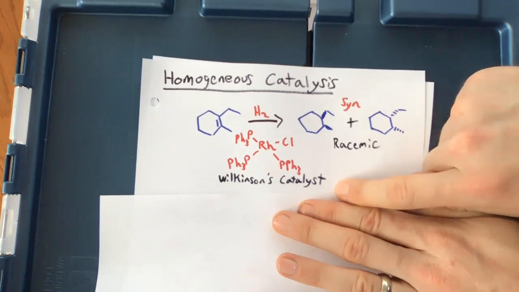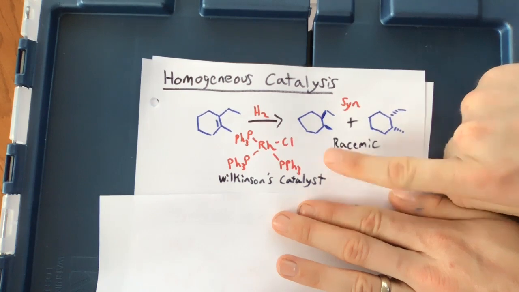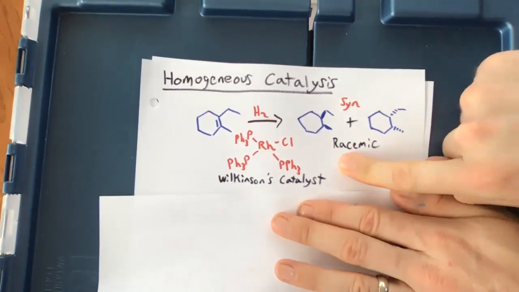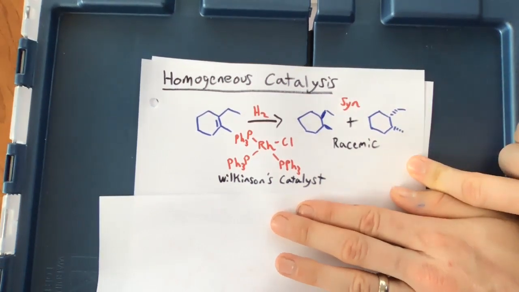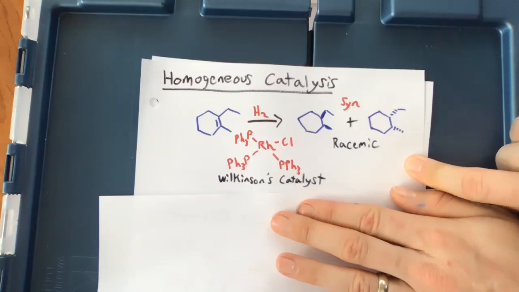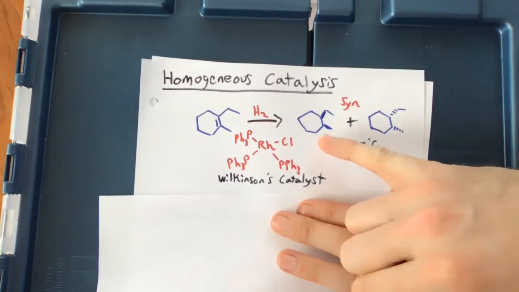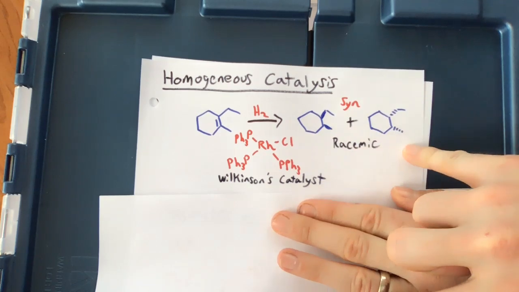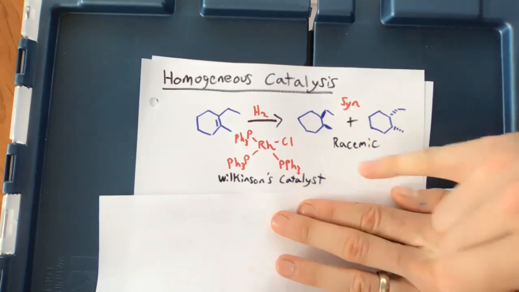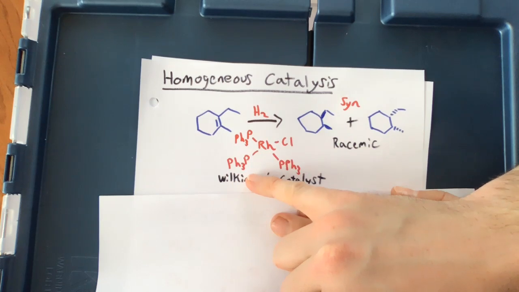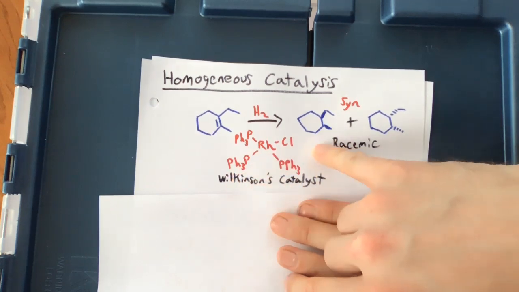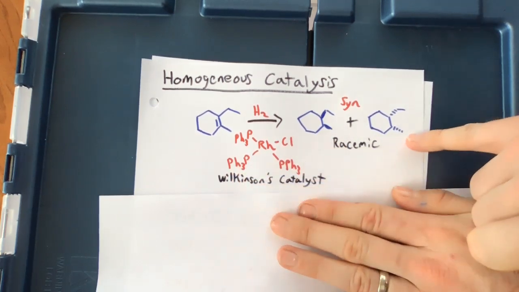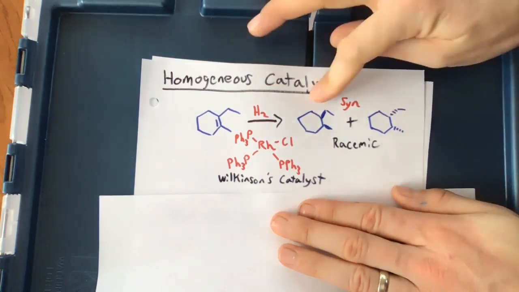With the catalyst dissolved in the presence of hydrogen, you also make a syn addition product. However, there's no real way to control which isomer you get, whether that's forward or back, because there's no chiral part of this molecule that's forcing selection of one enantiomer over the other.